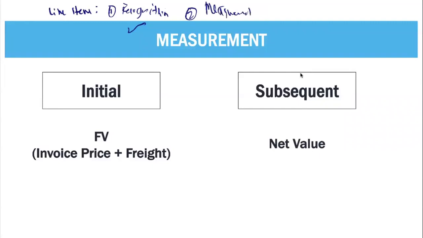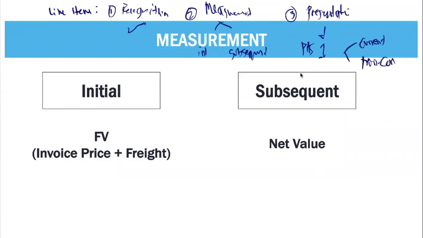When we talk about measurement, you need to know the initial and the subsequent measurement. And then finally, your presentation. But actually, for presentation, this is already covered by PES1, whether we will place it as current or non-current. You already know this one because we have already finished discussing whether we will classify an item as current or non-current. Now, since we're done with recognition, let's talk about your measurement.